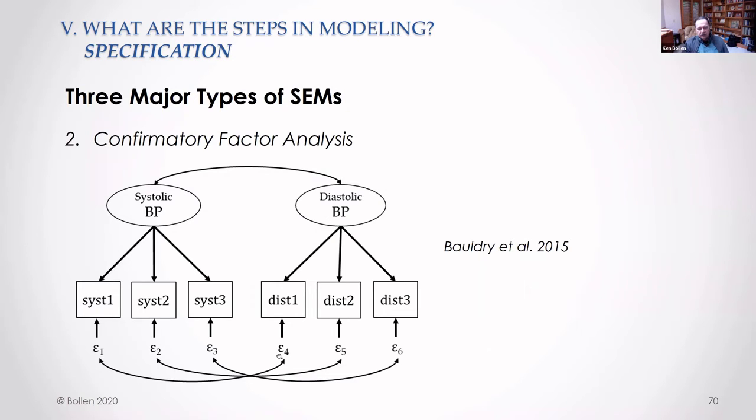Now, we have these curved two-headed arrows here, and the reason we include these is that the systolic blood pressure at time 1 was taken at the same time as the diastolic blood pressure at time 1. So if there's some systematic error occurring in time 1 measurement, we expect it to be shared among these two measures taken at the same time.